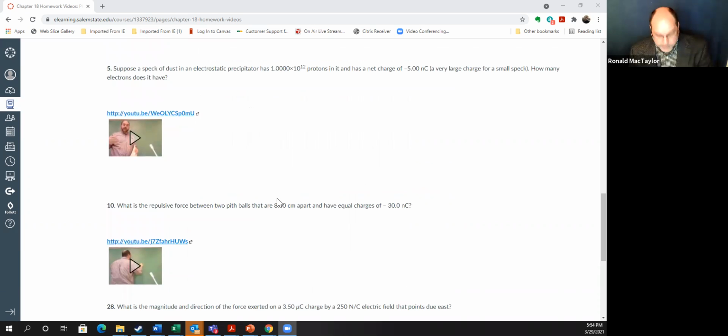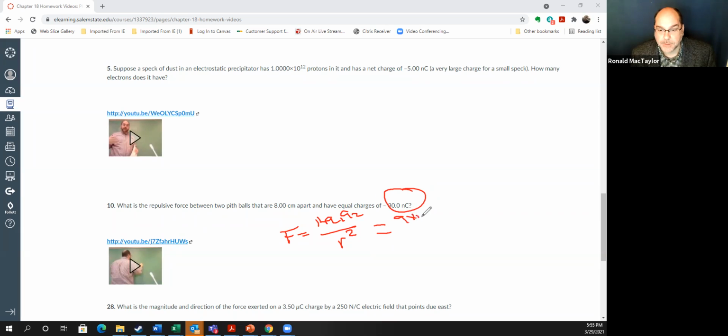The force, we use Coulomb's law constant when we're figuring out a force. So force equals K Q1 Q2 divided by R squared. Got to do everything in the base units. They have equal charges of negative 30 nanocoulombs.